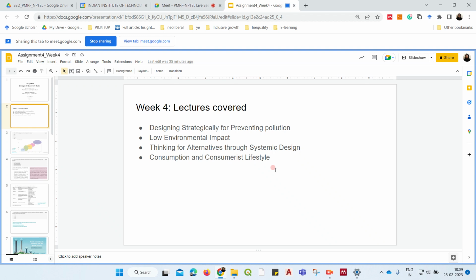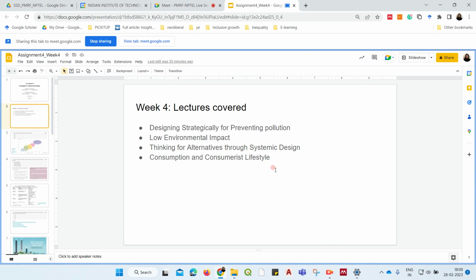Then you would have studied a little bit about recycling and things like designing for waste reduction, or designing in a way to increase the product's longevity and flexibility, ultimately to make the product have low environmental impact.